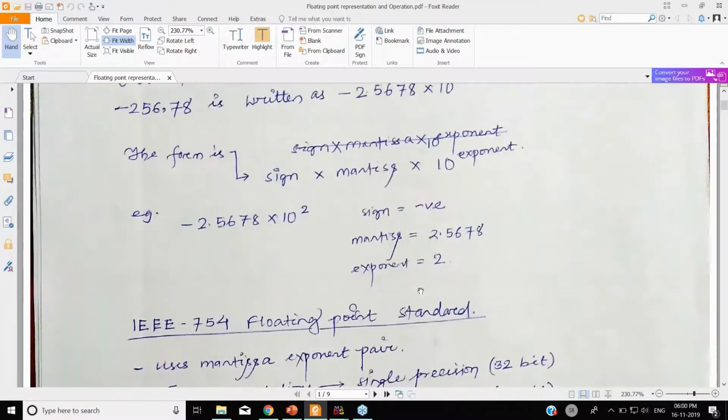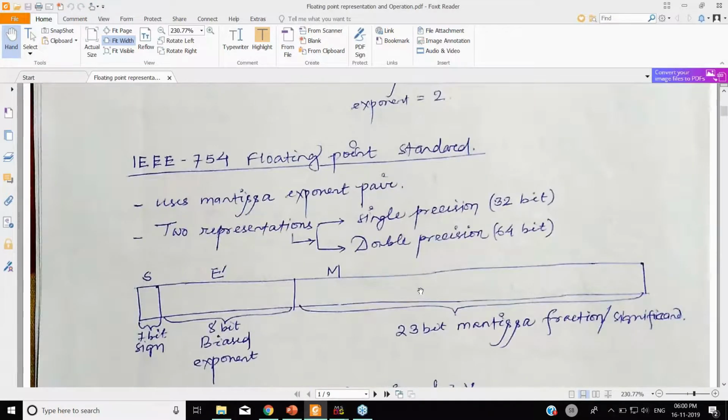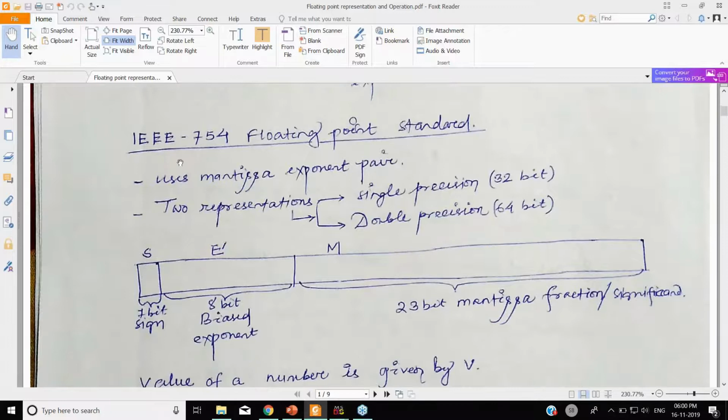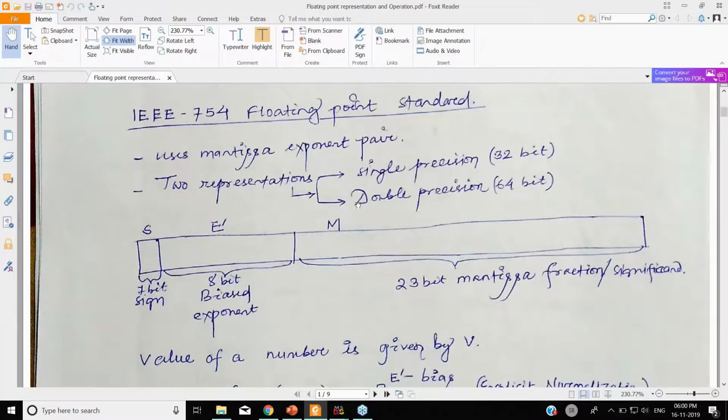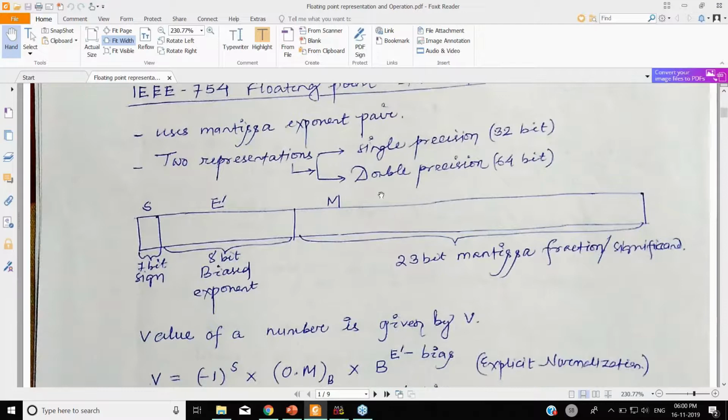In a similar way, this binary representation is also designed by the IEEE 754 floating point representation format, and they inherited the same style. But it has two types of representation. One is of 32-bit, another is of 64-bit format. As we have seen already, it has a fractional part, which in reality is of 23 bits.